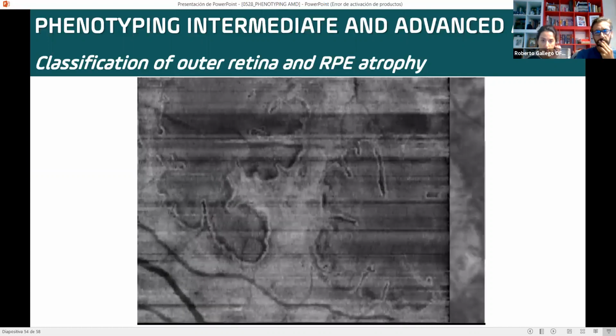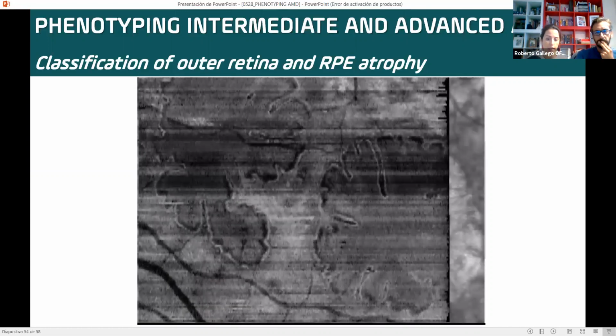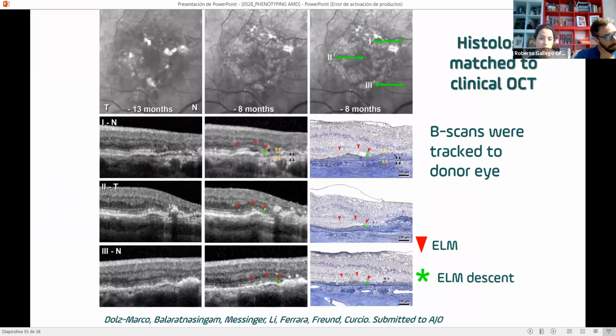So the area of the atrophy growing over time. And we also correlated with a clinicopathologic eye, where we saw that this ELM descent was clearly visible and comparable to the histologic images. So I think hypertransmission is really useful, but it's measuring different things.